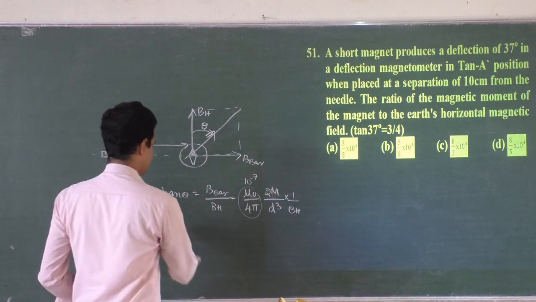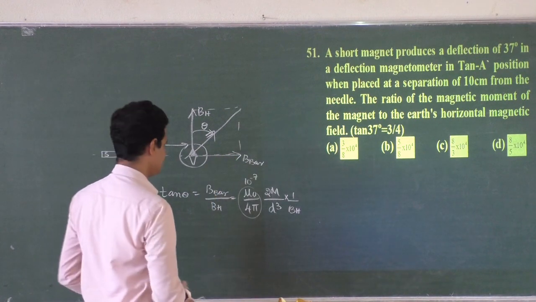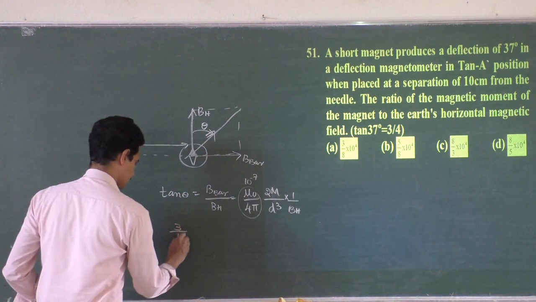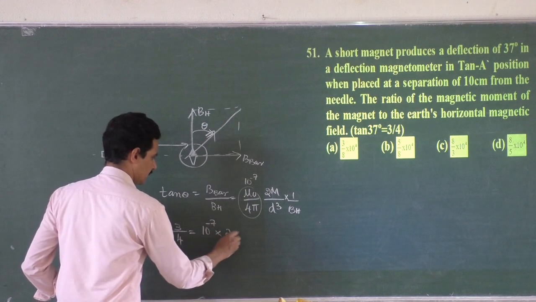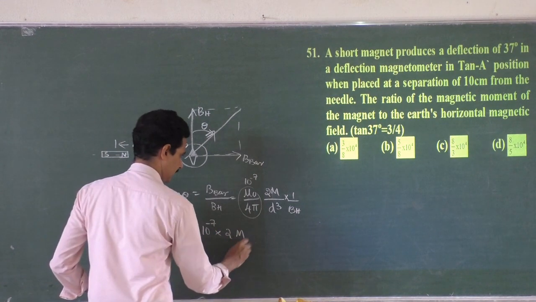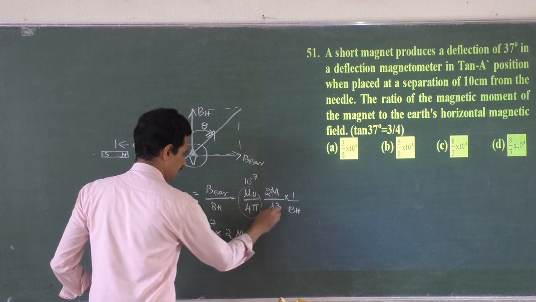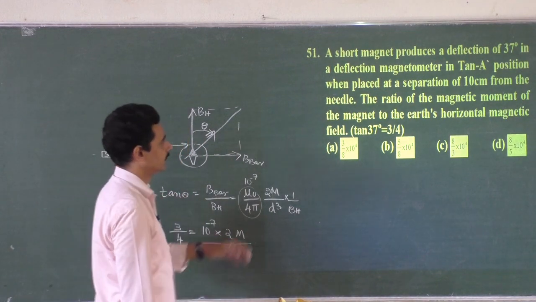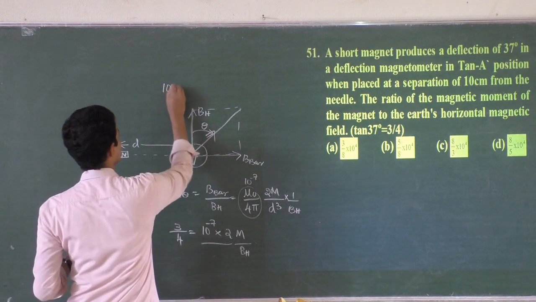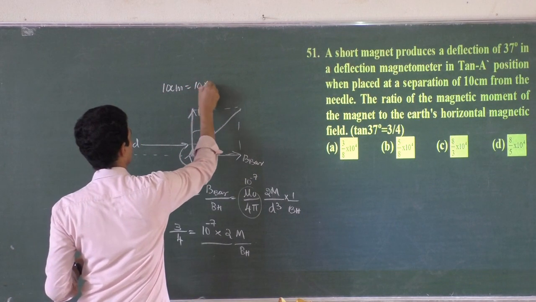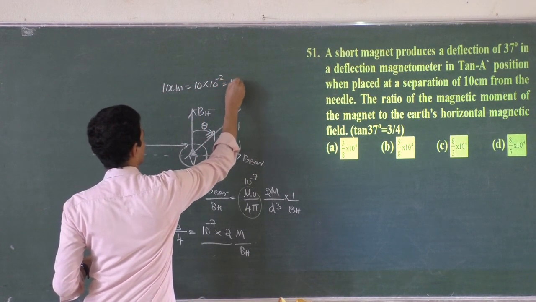So I will bring it here, tan theta, and it is given tan 37 is 3 by 4. We will substitute it once. 3 by 4 is equal to 10 to the power minus 7, 2 times m by BH, d cube remaining. What is d cube? It is at a distance of 10 centimeter. 10 centimeter means 10 into 10 to the power minus 2, that is 10 to the power minus 1.